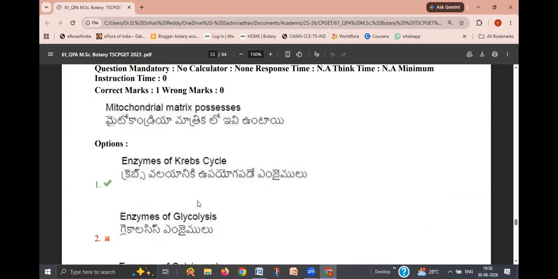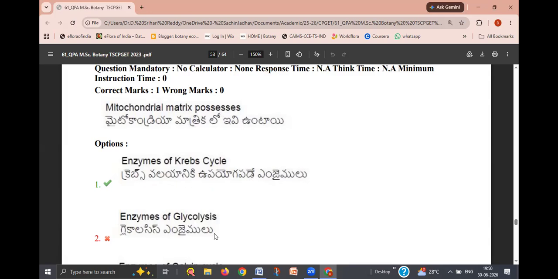Next, mitochondrial matrix process. In the mitochondria, we already know that in the mitochondrial matrix, the reactions related to the Krebs cycle take place. So usually the enzymes of the Krebs cycle are present in the mitochondrial matrix. That is the right answer.